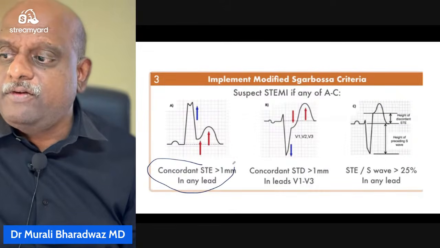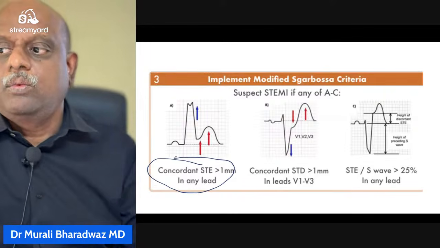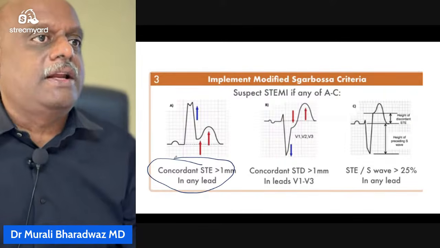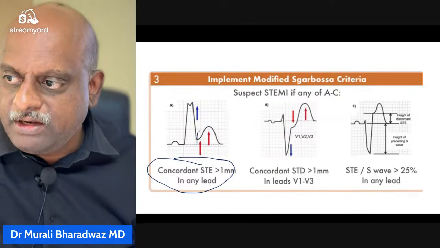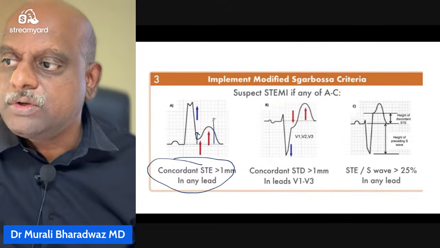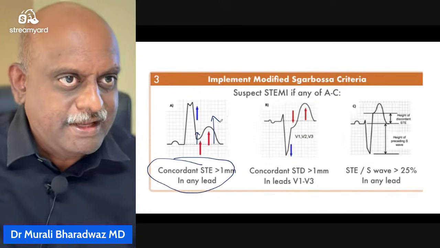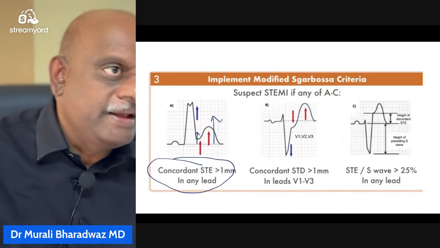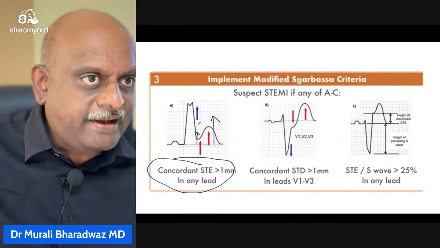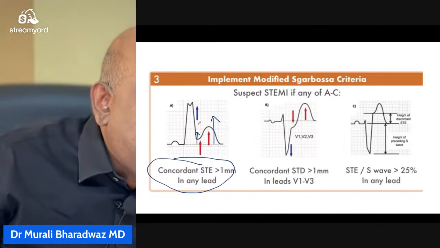Concordant ST elevation more than 1 mm in any lead. What is the meaning of concordant ST elevation? If the ST elevation is up, the T wave is also up. It is not inverted. That's called concordance. But if ST elevation is there and T is inverted, that is called discordant.